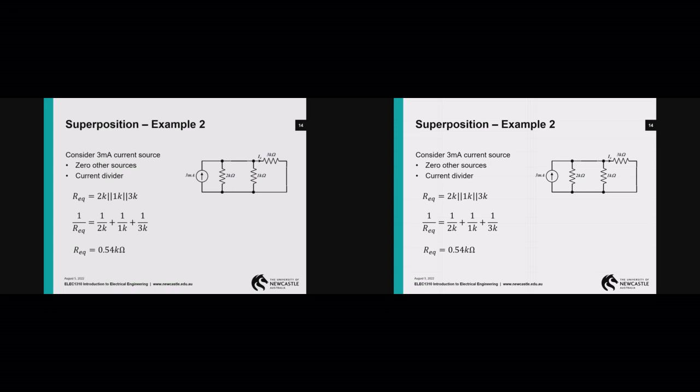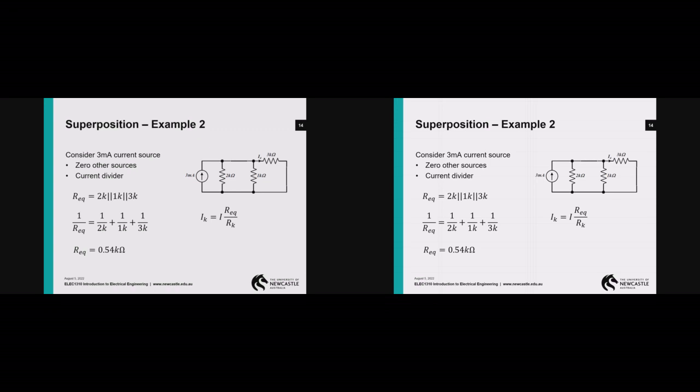Once I know the equivalent resistance, I can go to my current divider formula where I have more than 2 branches, and it's just the current I times the equivalent resistance divided by the resistance of the branch that I'm interested in.